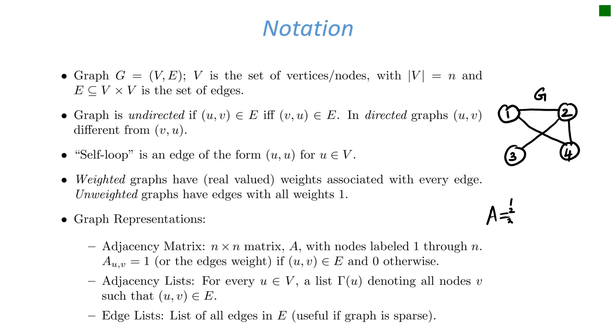Now (1,1): there are no self loops in this graph, so (1,1) is not an edge, so I put 0. (1,2) is an edge, so I put 1. (1,3) is not an edge, I put 0.